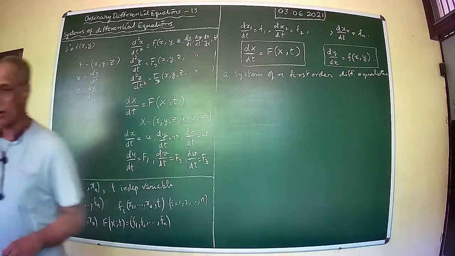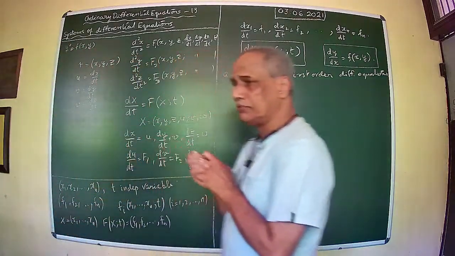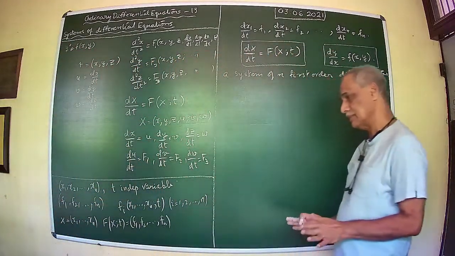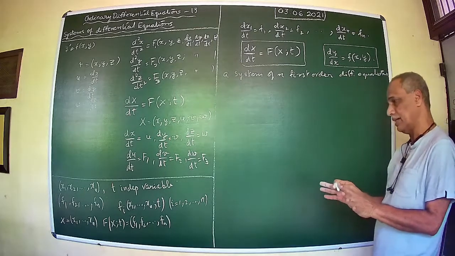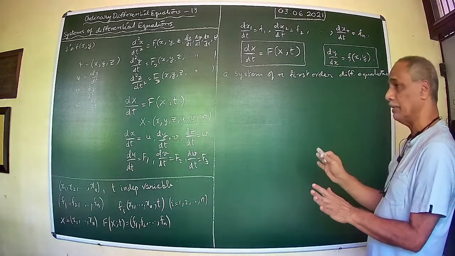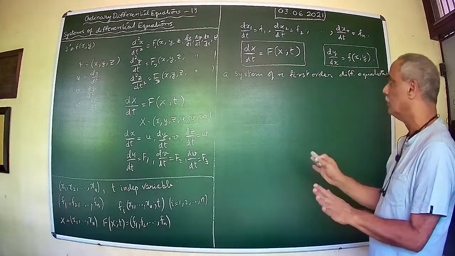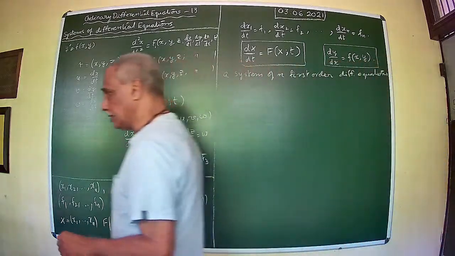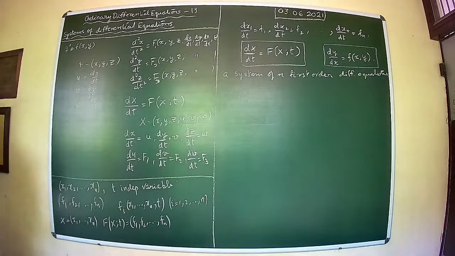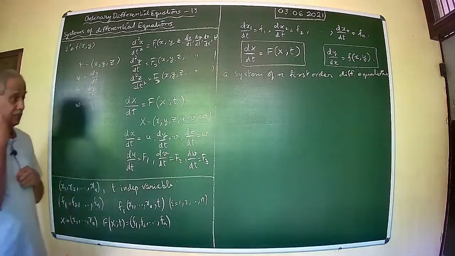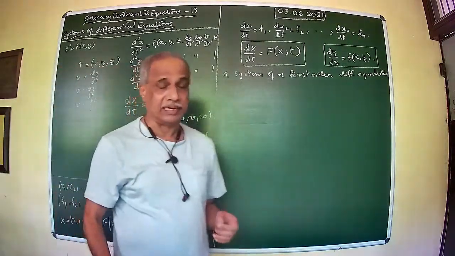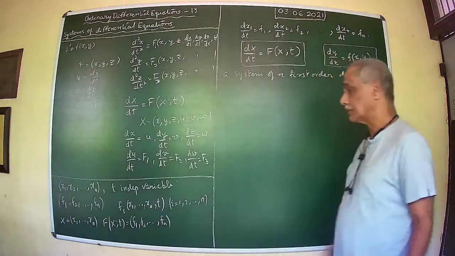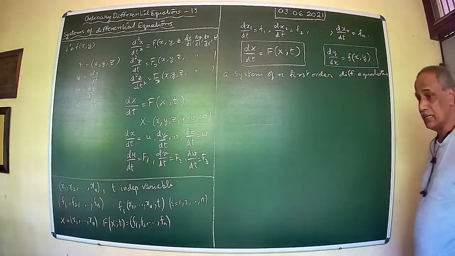Okay, so our objective of these lectures would be to give an exposition to how we proceed in this case. And you can see that almost all the theorems that we have developed there have an analogous representation here.